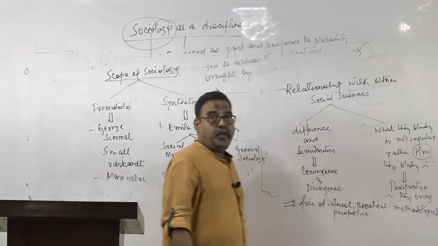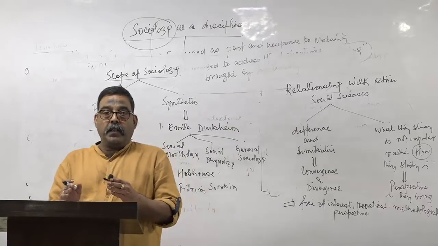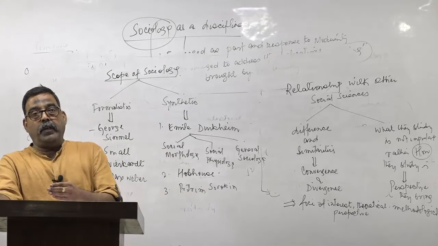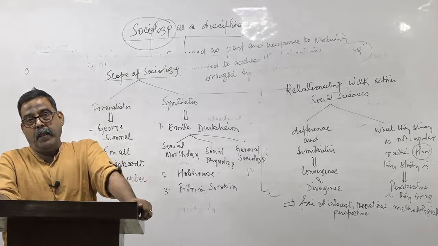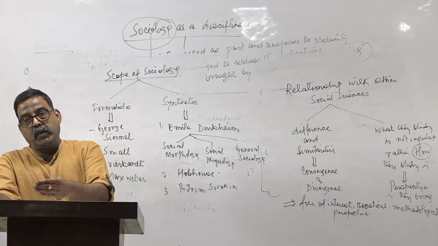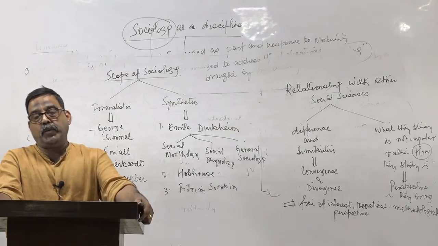You try to look at this one. I said that sociologists share the interest of psychology in the individual, but we look at the individual in collectivity. Similarly, we share the interest of anthropologists in culture, but we look at culture as a part of the society.